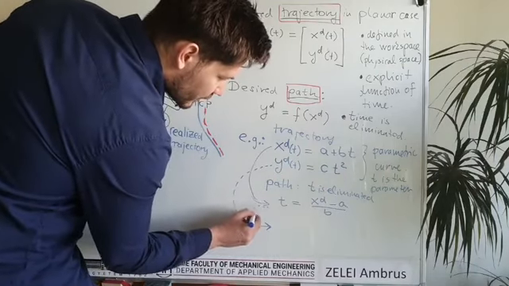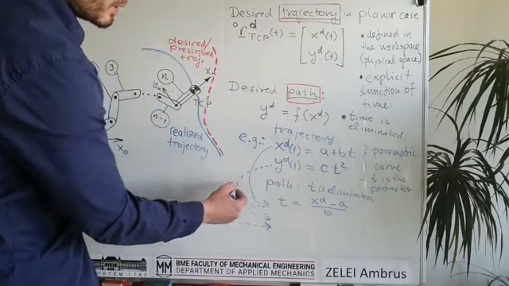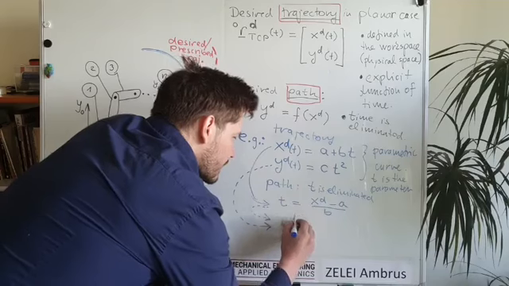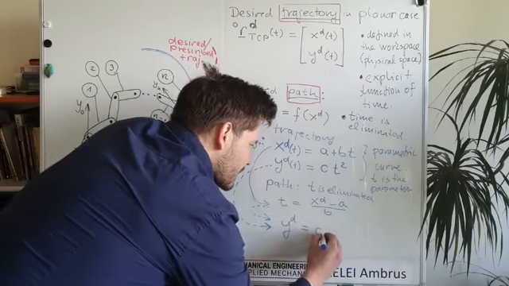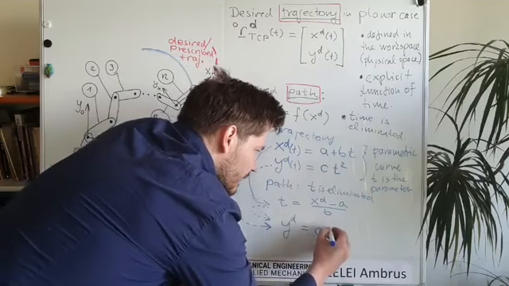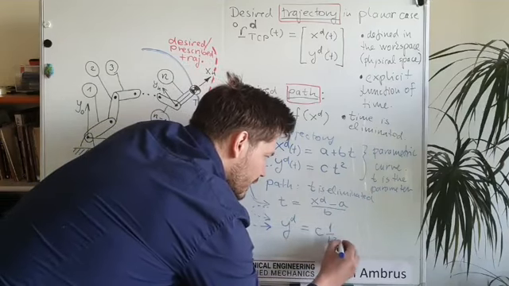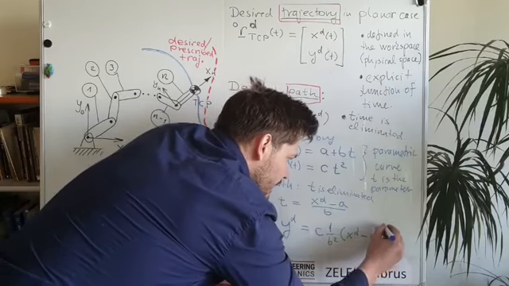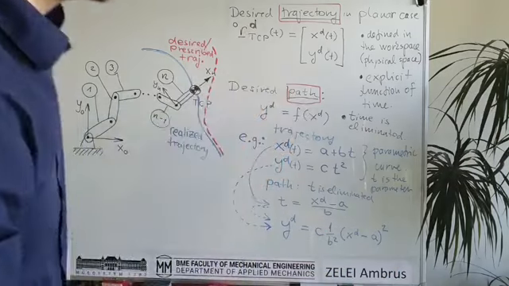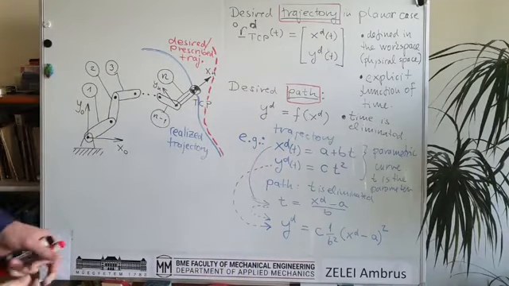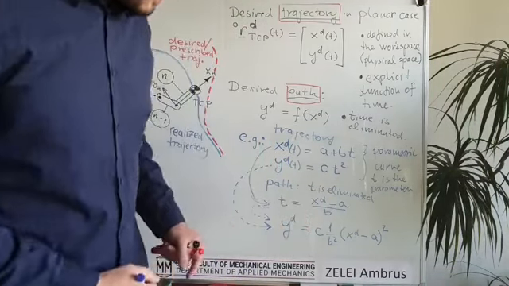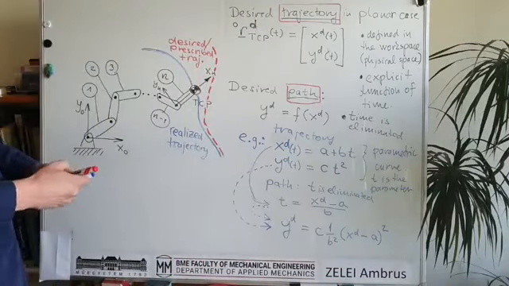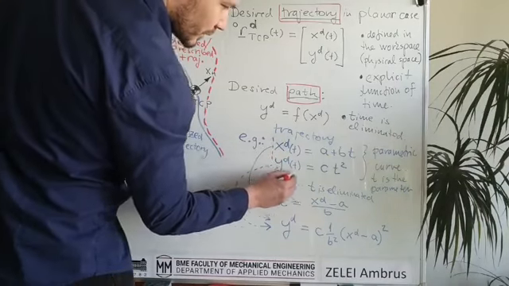So this equation and the second equation can be put together, and then we say that y desired equals c times 1 over b squared times x desired minus a on the square. And you can just draw the graph of this curve.